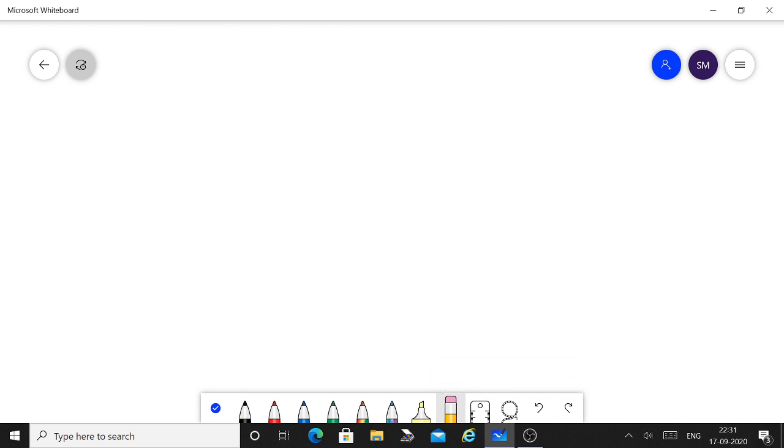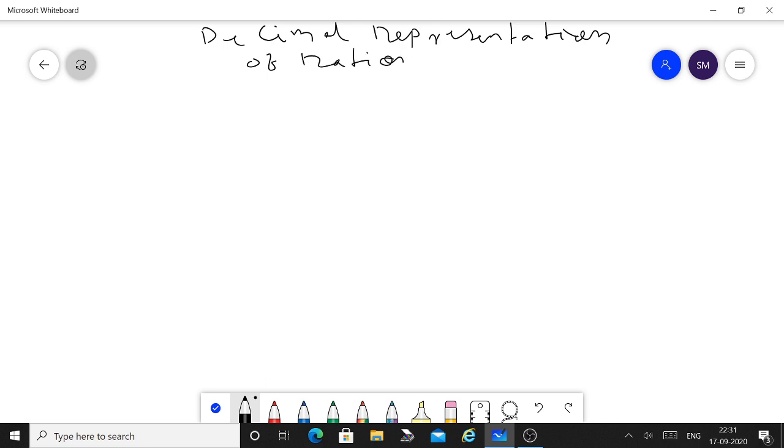Then decimal representation of rational numbers. How can you represent a rational number in decimal form?